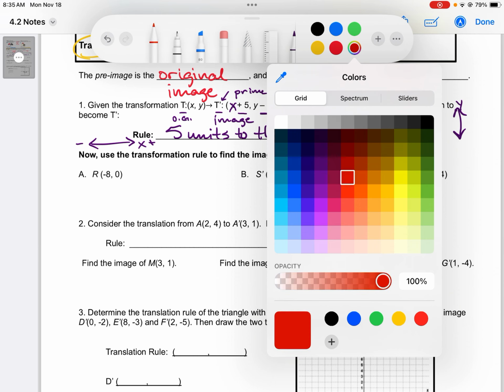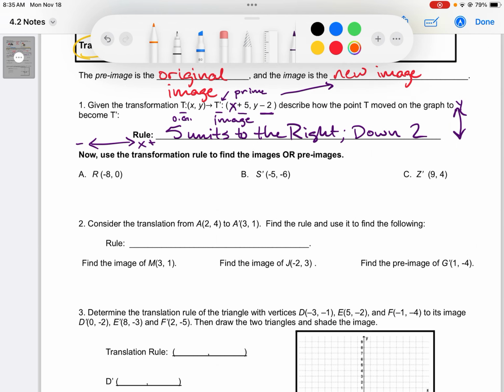For the next little part of our practice, it says to use the transformation rules we just learned to find the image or the pre-image. How do you know which one you're finding? Well, if you look, this R has nothing attached to it. And that means it's our pre-image, our original.